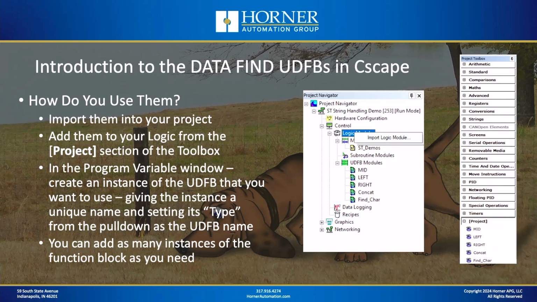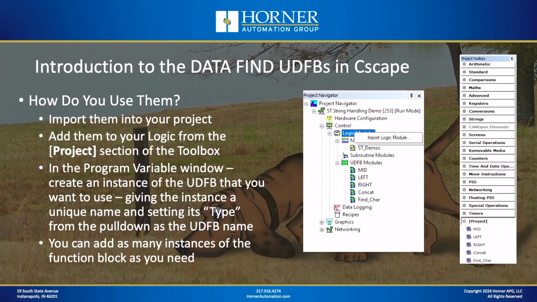You're going to right-click and hit Import Logic Module. Then Cscape will take you to a dialog box where you can navigate to the folder containing the UDFB files. You can import the ones that you want to use into your project one by one. They'll show up under UDF modules further down in the project tree. And that's step number 1.